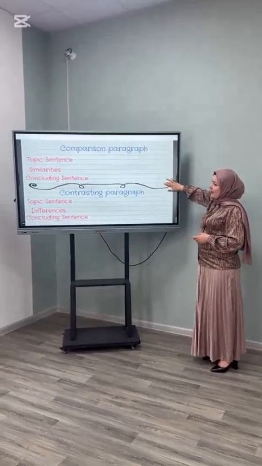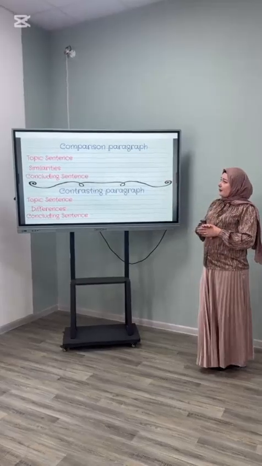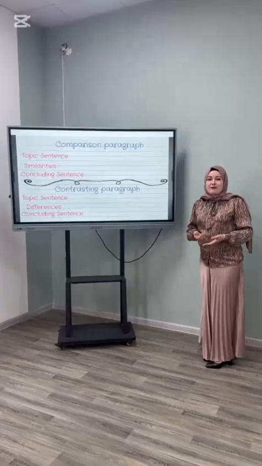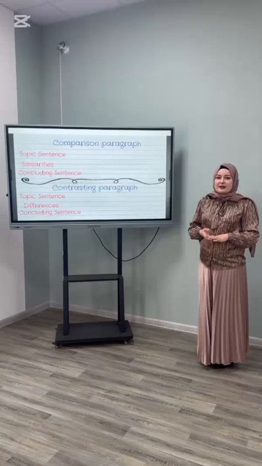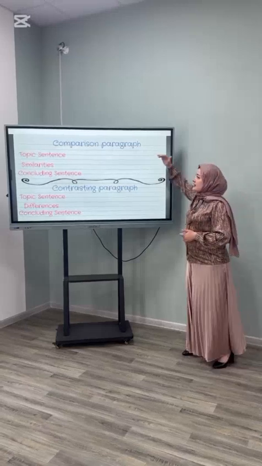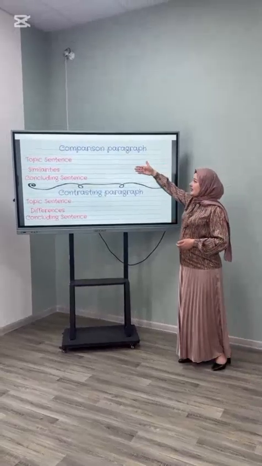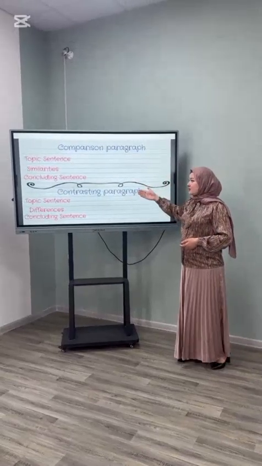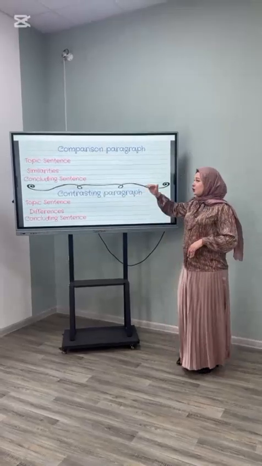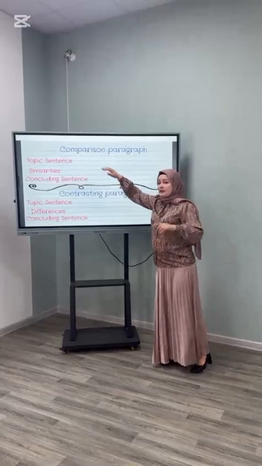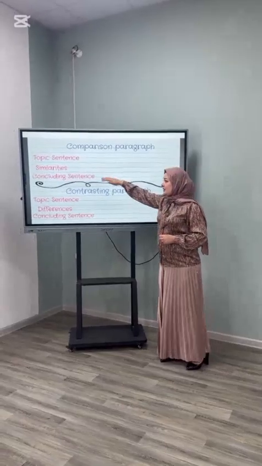Now, you may have a look at the whole paragraph of the compare and contrast essay. As we have mentioned previously, it should include at least two paragraphs. One focuses on the similarities, the second one focuses on the differences. The first one is the comparison paragraph, the second one is the contrasting paragraph. Both of them have the same structure, including topic sentence, similarities from the Venn diagram, the information in the middle of the Venn diagram, and concluding sentence.